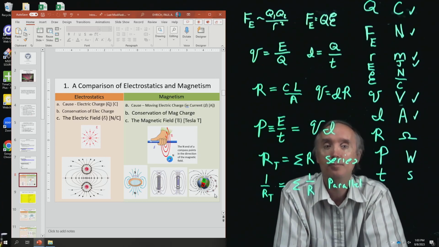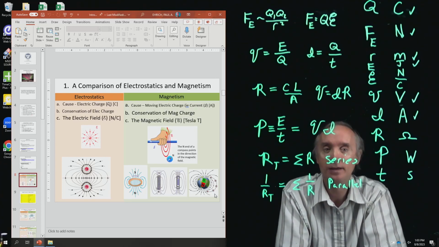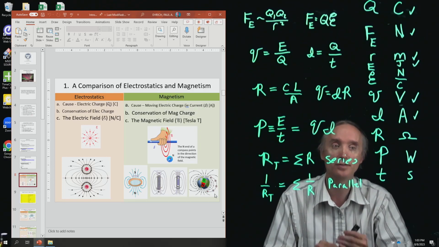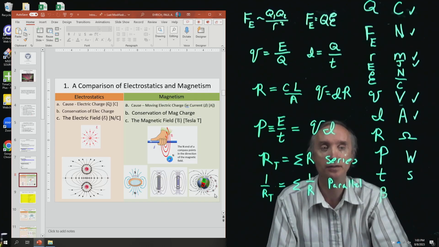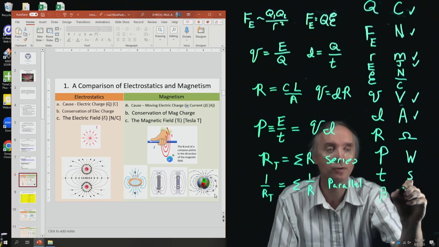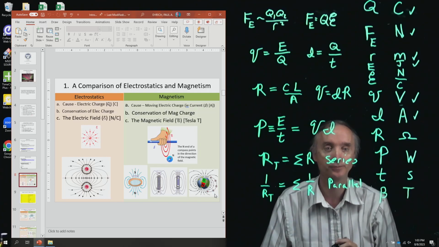And then be able to draw the magnetic field B. All right, so now we've got another letter here. This is the magnetic field B, and its official metric unit is the Tesla.